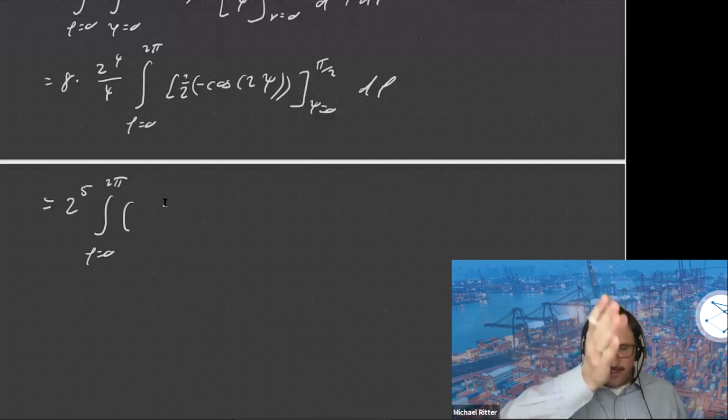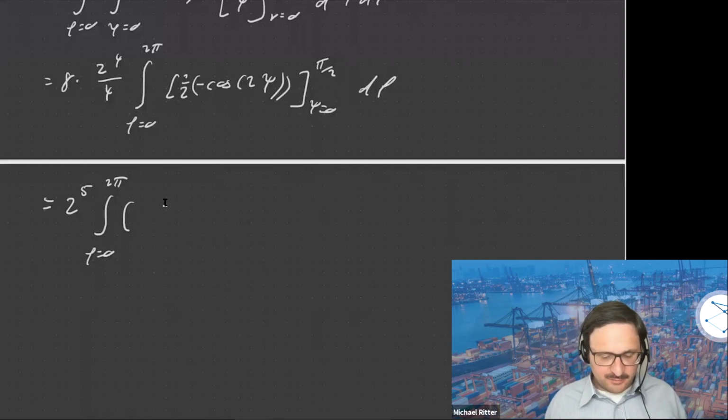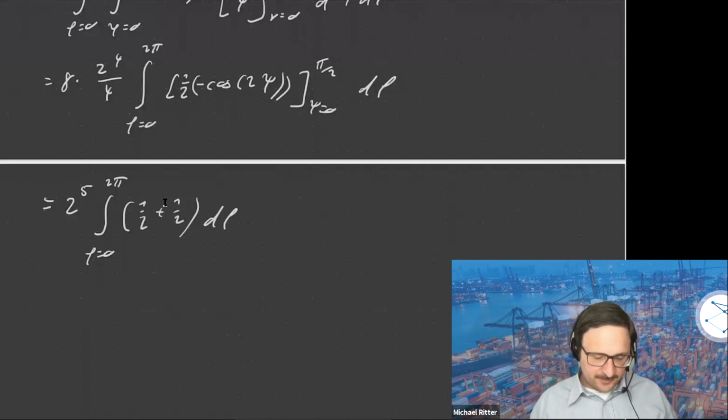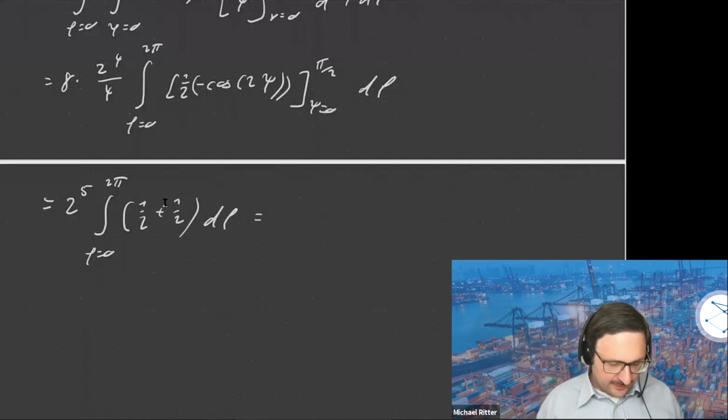The cosine of pi is -1, so the negative cosine of pi is +1 times 1 over 2, that's 1/2. And then minus the cosine of 0. Cosine of 0 is 1, so we get -1, and again times 1 over 2. That's plus 1 over 2 d phi. So finally, 1 over 2 plus 1 over 2, that's just 1.